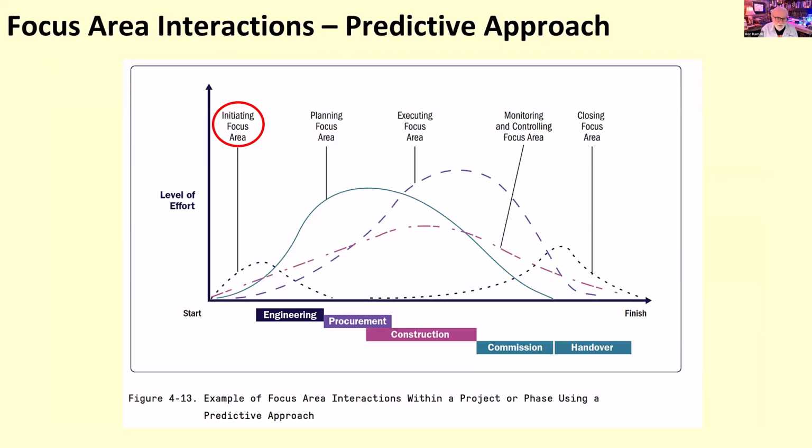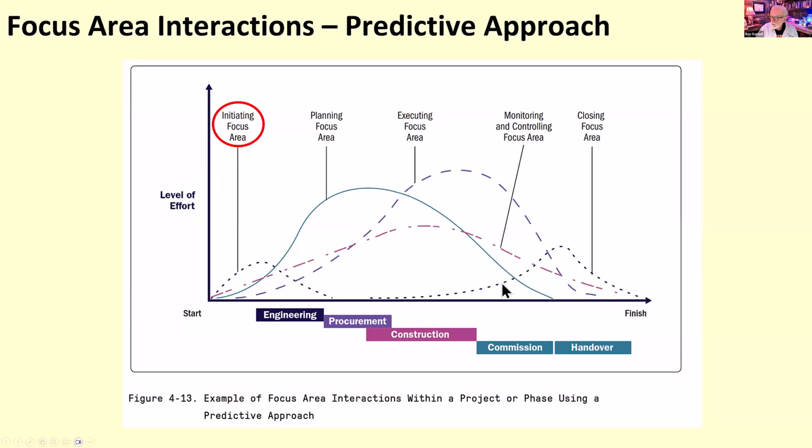So this image shows where project initiation falls in the predictive approach. You can see all these little arcs are different phases and they overlap each other. There's a tendency to think, well, this is all just waterfall. We do one thing after another. We move on.